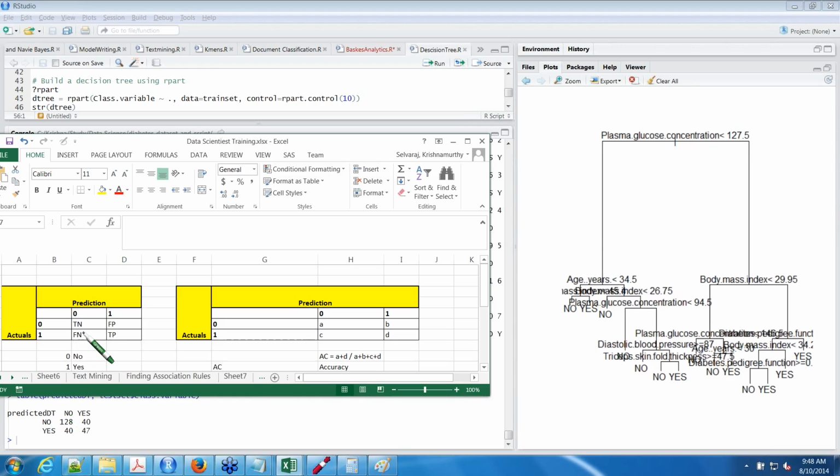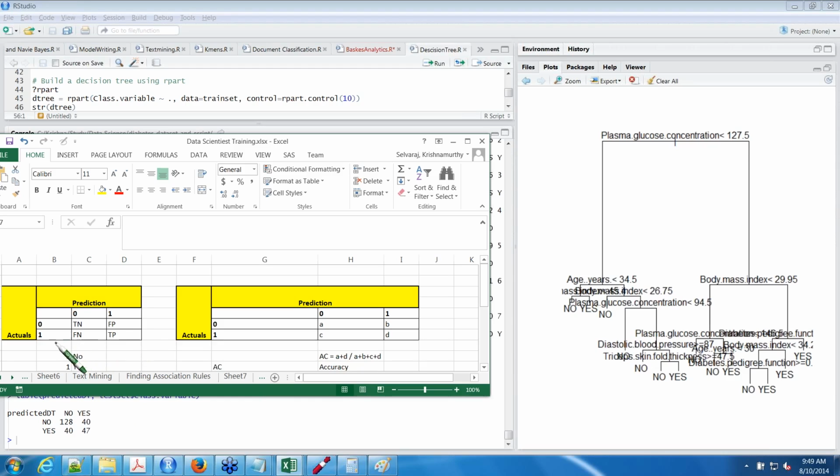The terminology used is true negative, which means it is correctly identified as negative, and false positive, incorrectly identified as positive. Out of 168 records, 128 were correctly predicted as negative, which is true negative. Out of 168, 40 were wrongly predicted as positive, which is false positive.